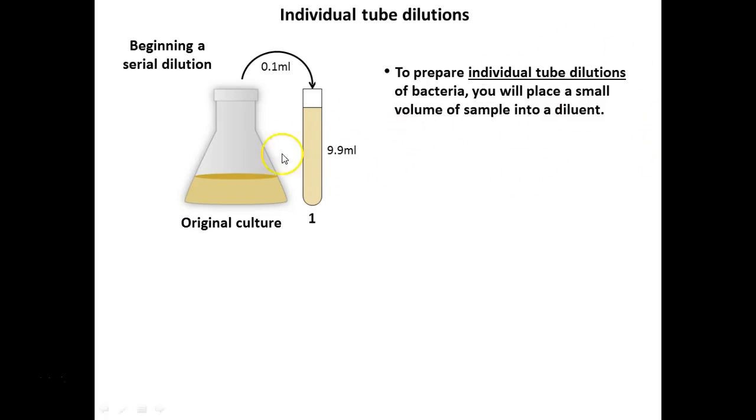So we need to know the individual tube dilutions. We've already said what this one is, right? 0.1 into 9.9. Oh, we didn't do this one yet. We did 1 into 9, but this is basically the same. Almost, right? So 0.1 plus 9.9 gives you what? 10. So that's a 10-fold dilution again, right? Nope. We got a decimal point here. So let's write this one out.